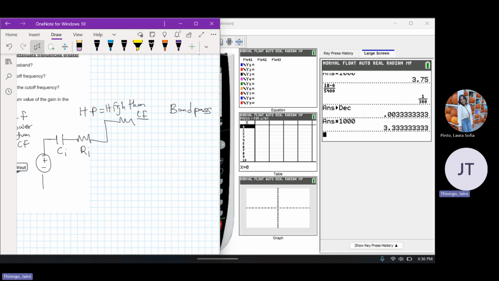Here, minus, plus, and so this is RF, this is RI, and you have the capacitor here. So this is a bandpass filter.